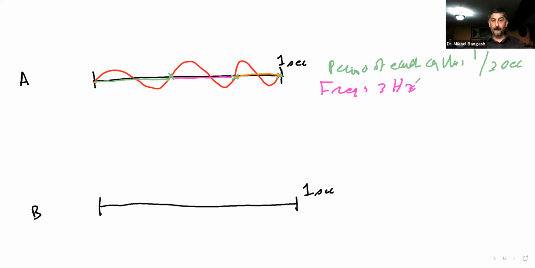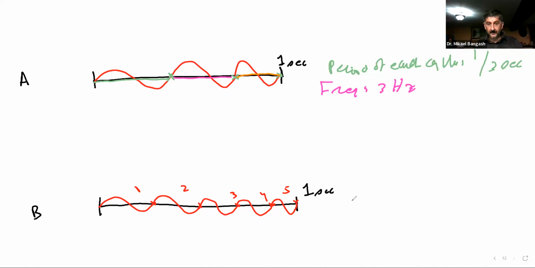Now the same goes for B. So here we have 1 cycle completed, 2 cycles completed, 3 cycles completed, 4 cycles completed, and we have a total of 5 cycles completed.